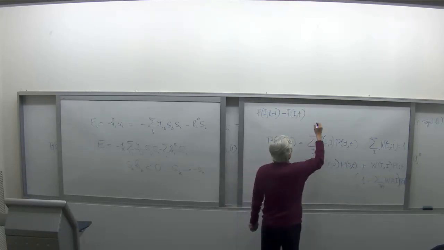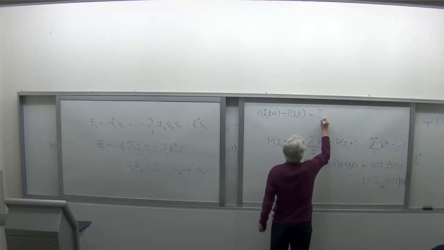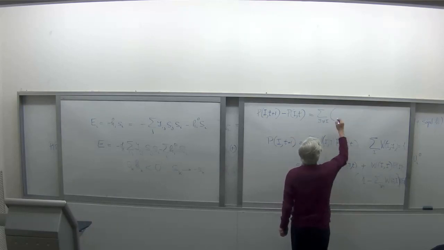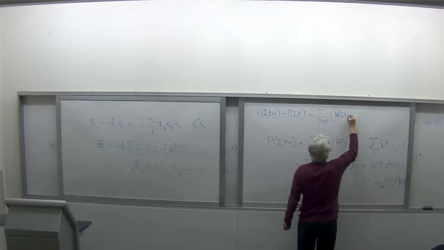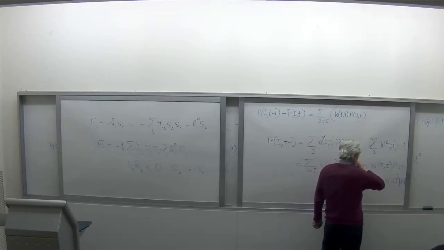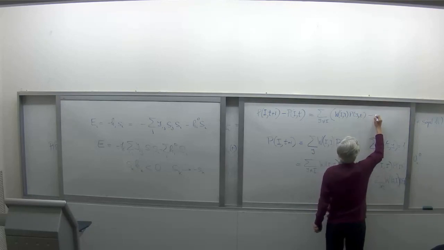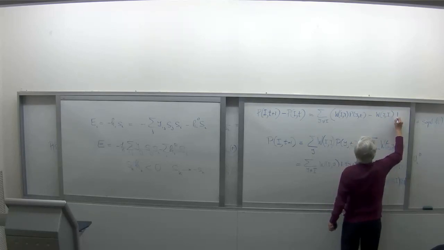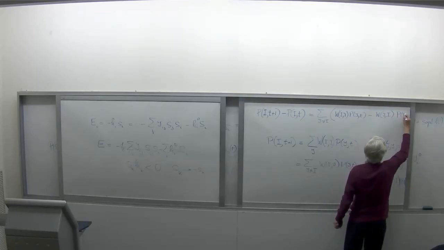And this was the sum over j not equal to i of W_ij P_j(t) minus W_ji P_i(t).